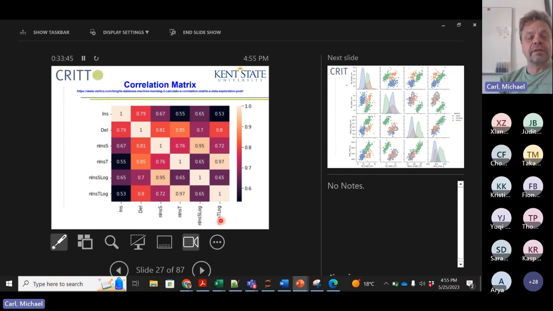So that is symmetrical, just flipped around, and this is different in a regression analysis, where this would not be symmetrical. If you have a dependent and an independent variable in a regression analysis, this is not symmetrical, but in a correlation, it does not matter in which order you put the variables. They will show the same correlation coefficients.